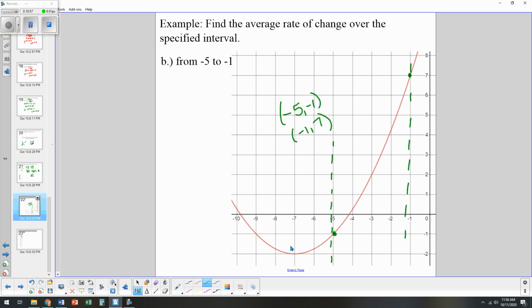We're going to do the same thing and find the slope. We have x1, y1 and x2, y2. So it's 7 minus -1 over -1 minus -5. That becomes 8 over 4, or 2. The average rate of change there was 2.